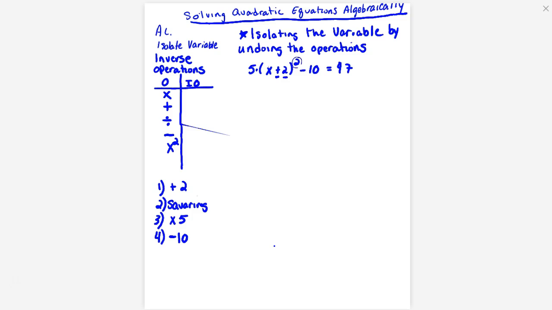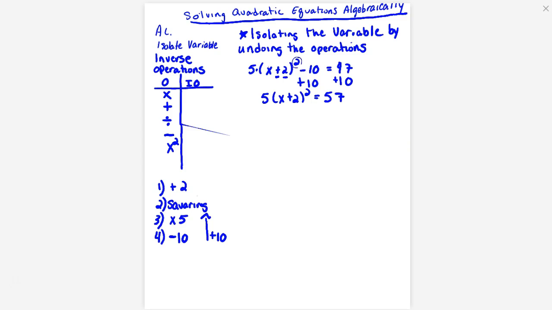So to undo this, we're going to work backwards using the inverse operation. So instead of subtracting 10, we're going to add 10 to both sides of the equal sign. So add 10 here, add 10 there. So we now have 5 times x plus 2 squared equals 57.